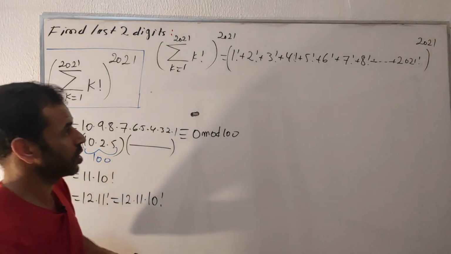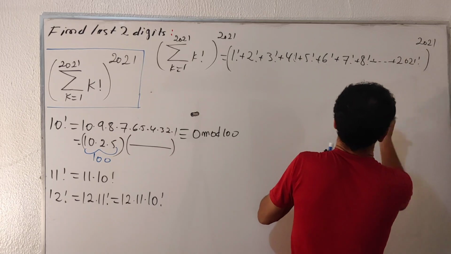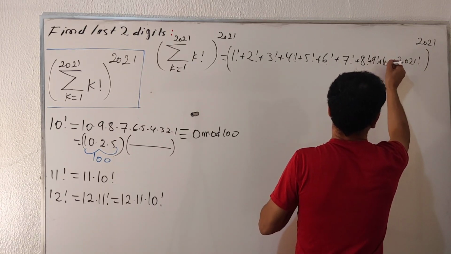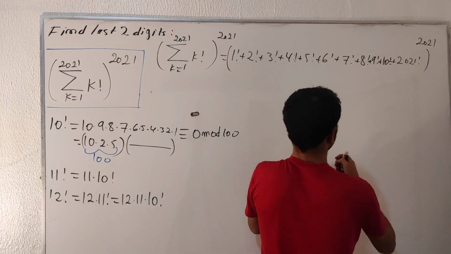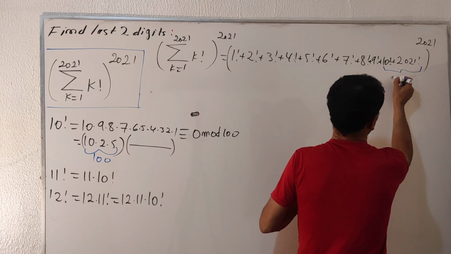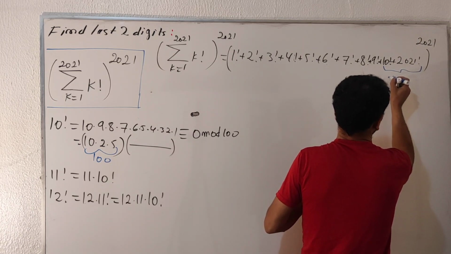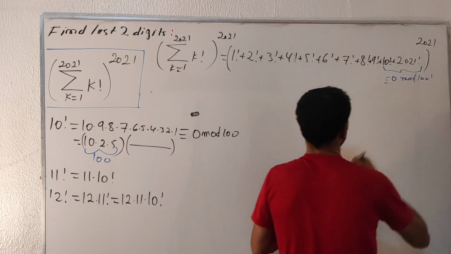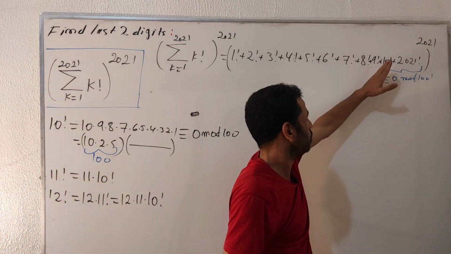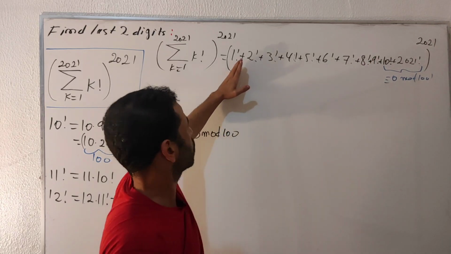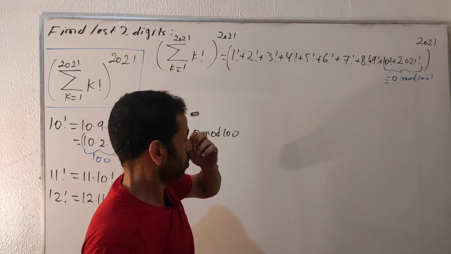Which means from 10 factorial up to here, all are congruent to 0 mod 100. So we are going to keep just 9 terms here, from 9 factorial down to 1 factorial. Now it's more clear.